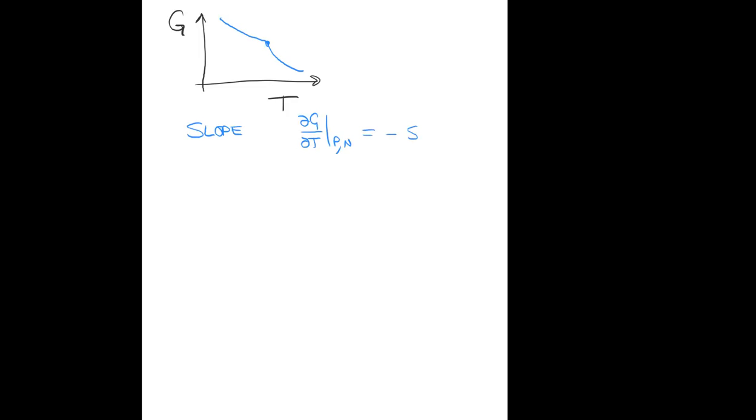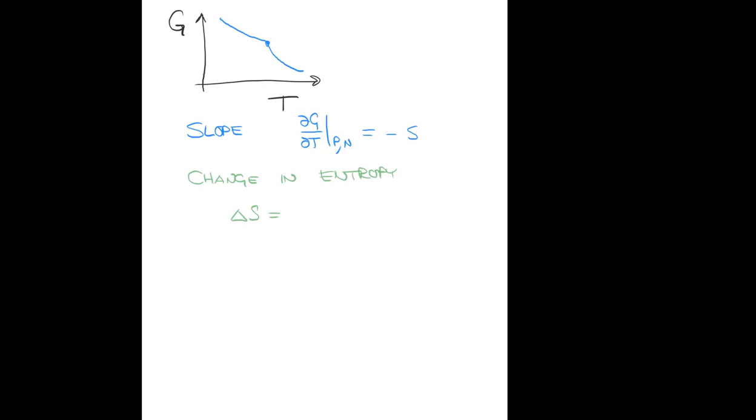Okay. So if the slope changes, that means that not only the density changes discontinuously at the phase transition, but the entropy changes as well. Okay, so there's a discontinuity in entropy. And the change in entropy, so the high temperature phase is the one with the higher entropy, and that's indeed how I drew it.